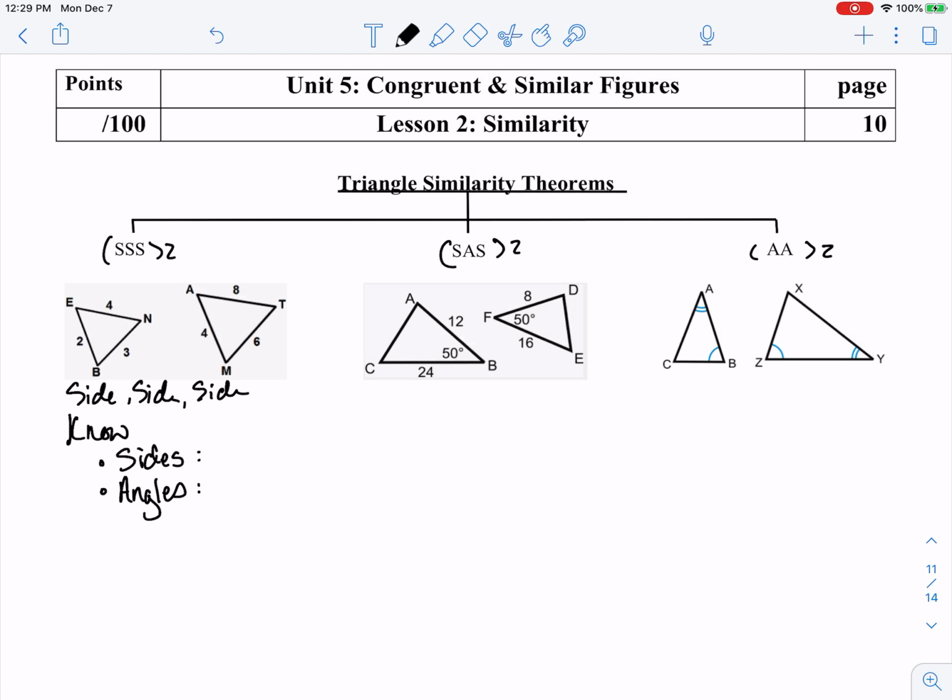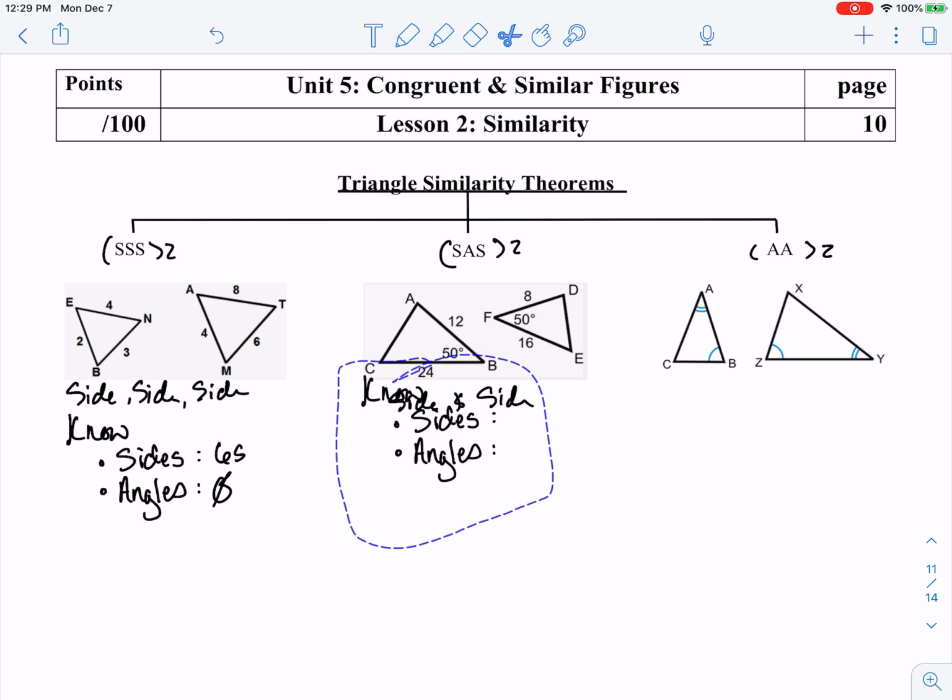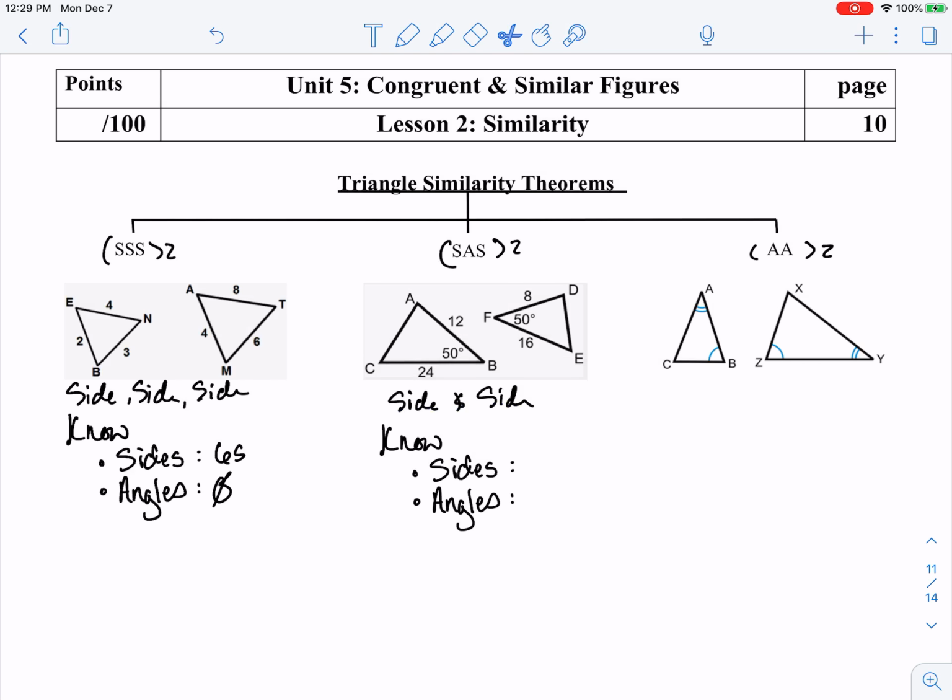So we'll know a total of 6 sides. We won't know any angles. Over here, SAS, side angle side, where our known angle is in between the sides. Here, we know a total of 4 sides, and we know 2 angles.